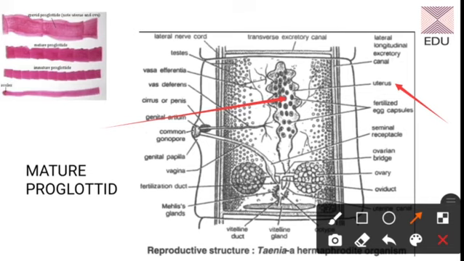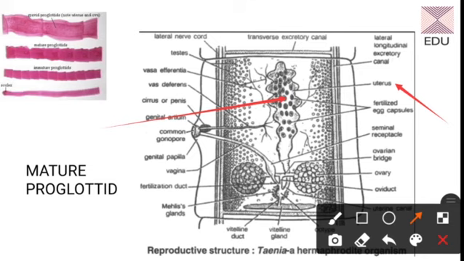One thing to be noted is that the proximal part of the uterus is narrow. That means this part is narrow and the upper part is broad. As you can see, the uterus is broad from the upper side and it is narrow at the lower side.